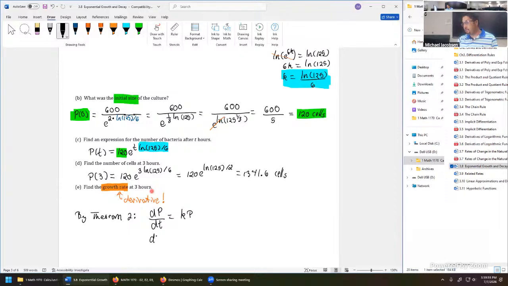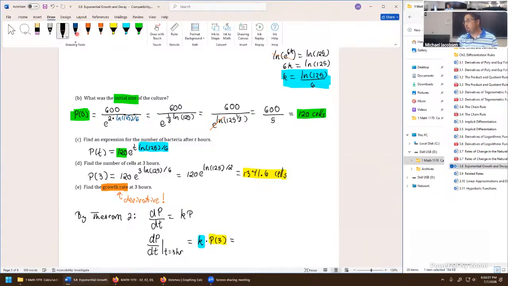So this implies the rate of change of the size of the population at 3 hours into this experiment would be K times the population size 3 hours in. We know the value for K in part A, and from part D, we know the population size at 3 hours as well. So even though this is a calculus step on part E, we have all the information we need. We just need to put them together.